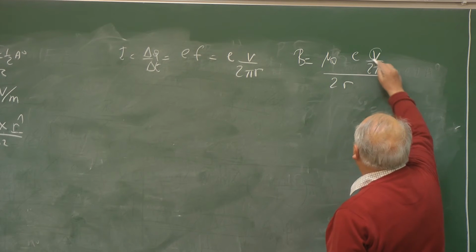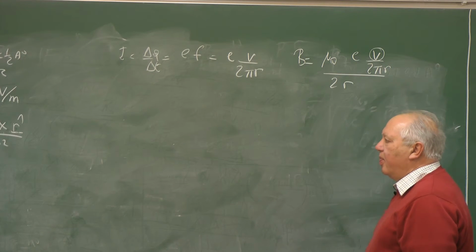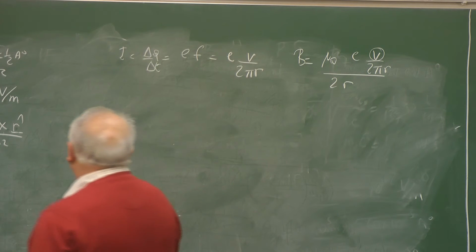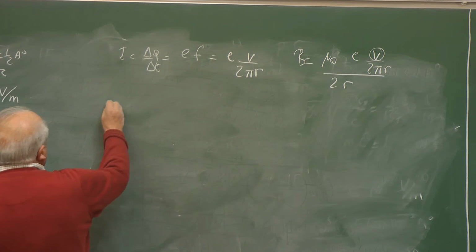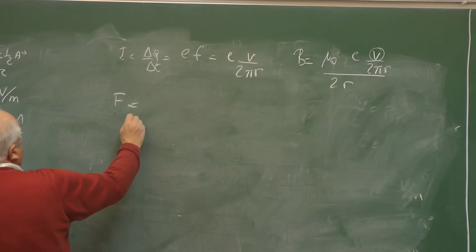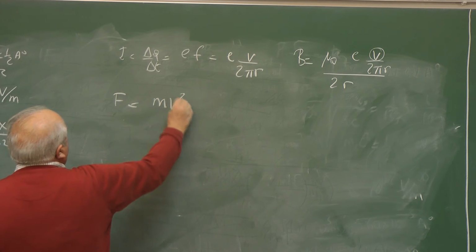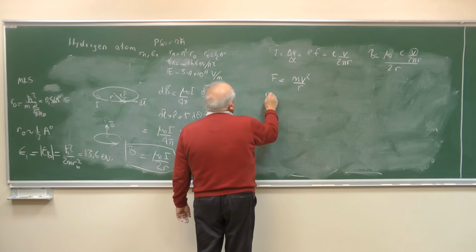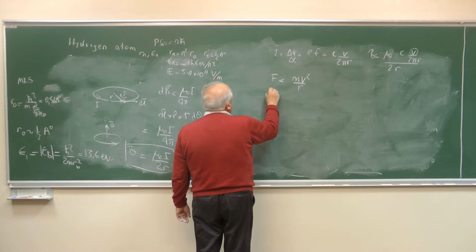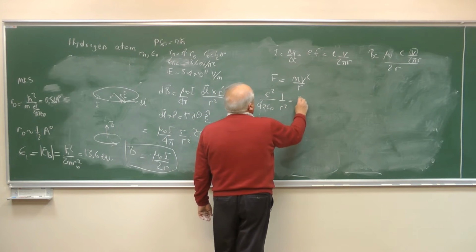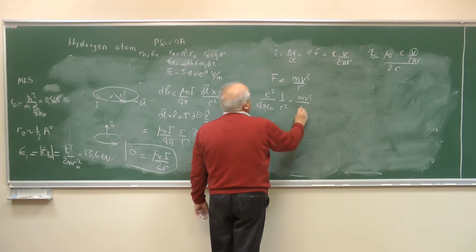R we know. Mu 0 is a well-known constant. So what is the velocity of the electron? We have to estimate the velocity of the electron. The attractive Coulomb force is responsible for the circular motion. So it is m v square over r. The magnitude of the force, E square over 4 pi epsilon 0 times 1 over r square, is equal to m v square over r.